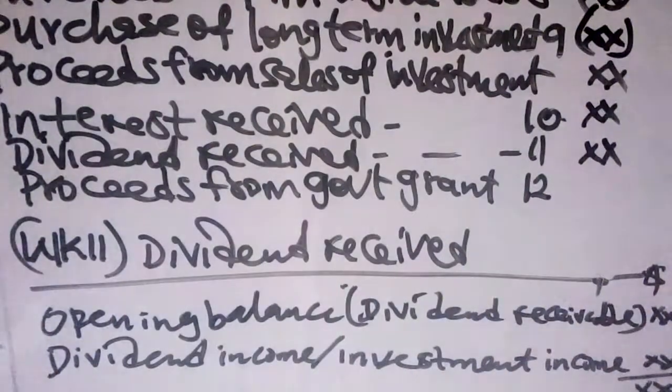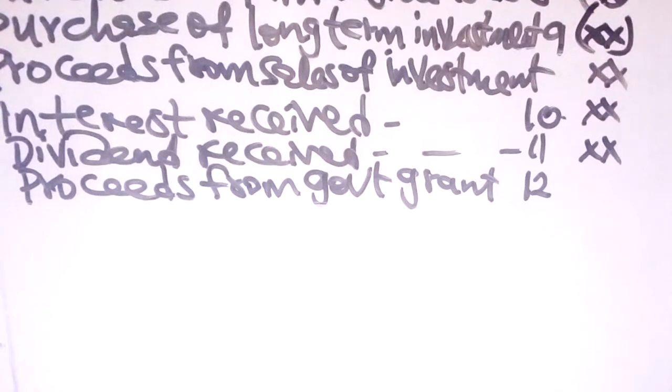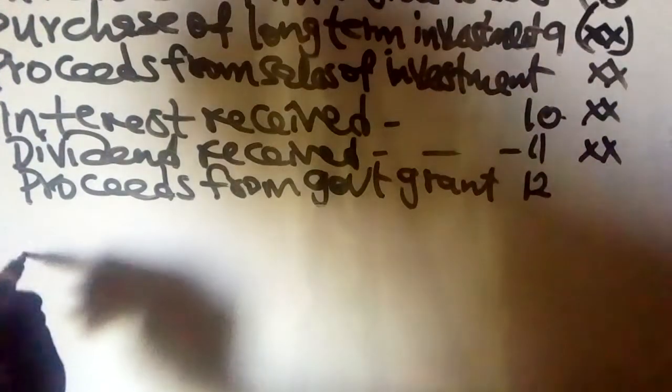Where it is not given, and information on government grant is given in the question, then you are going to determine the amount received using the format in note 12. Proceeds from government grant, note 12.